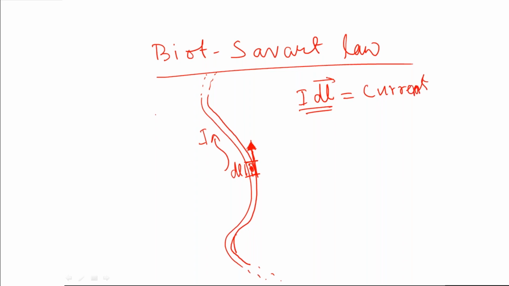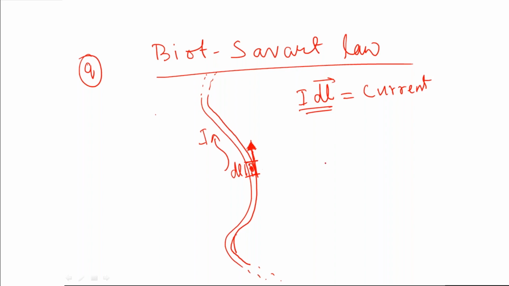As you know, in case of electrostatic Coulomb's law, the source of the electric field is the charge, but in this case we learn that a current element or a current loop can act as a source of magnetic field.